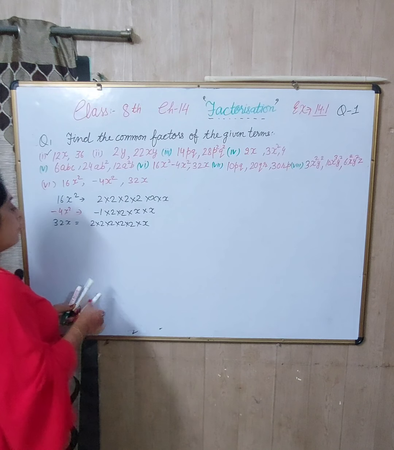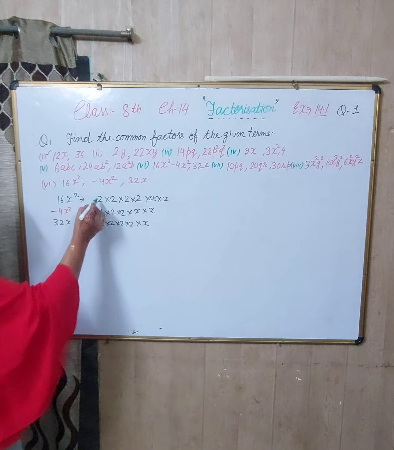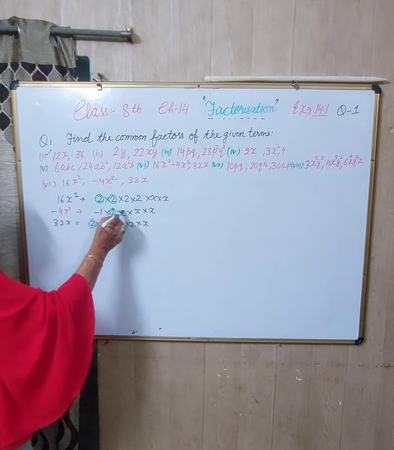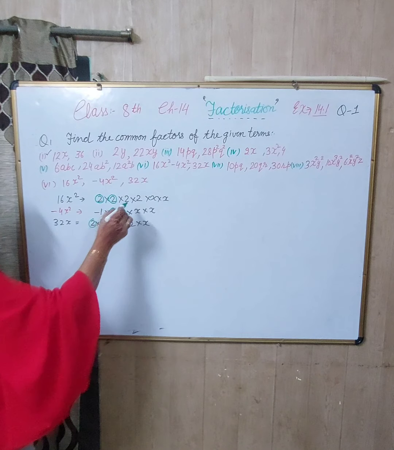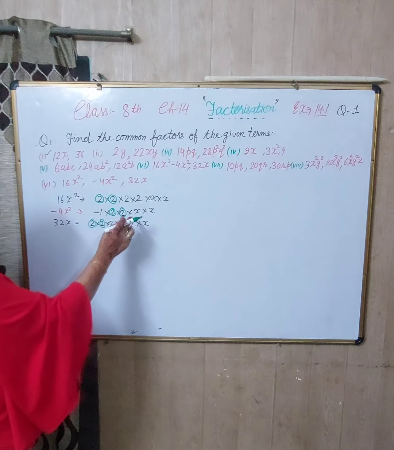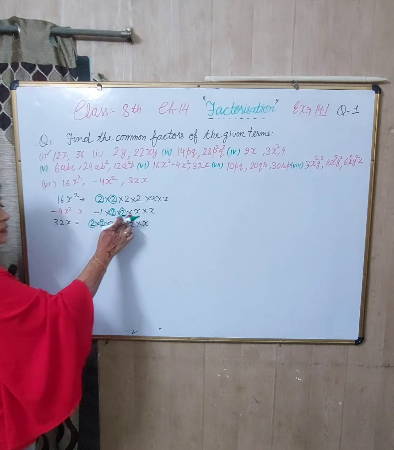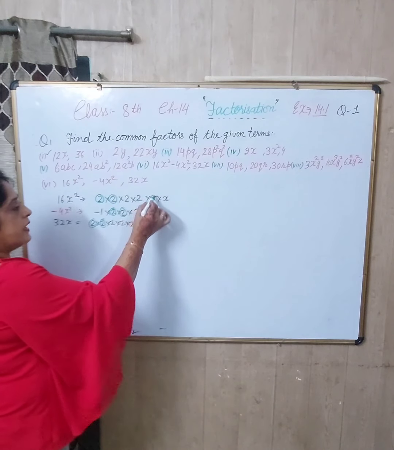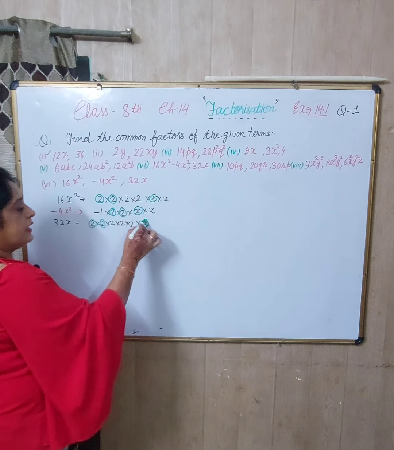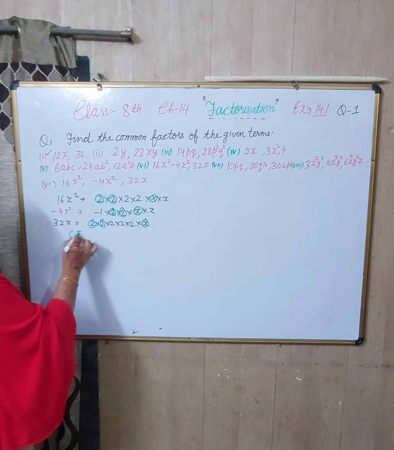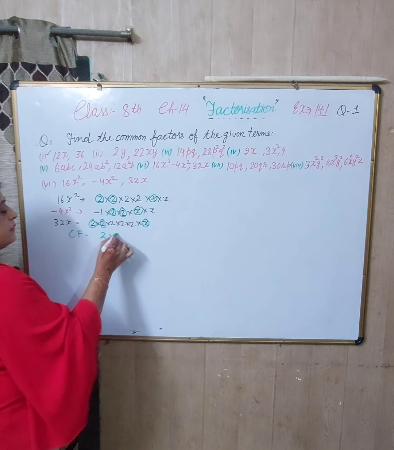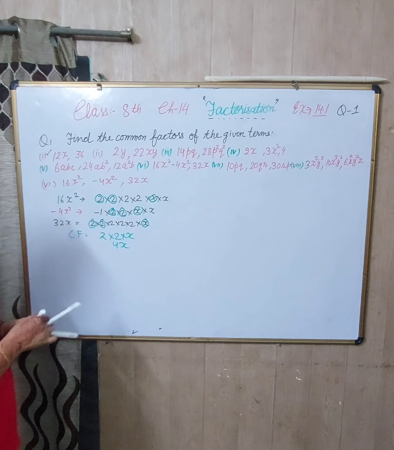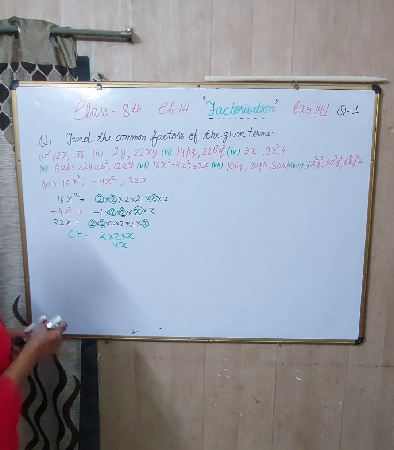Now you have to take common. These two and these two are common, 2 and 2 common, but in the middle term there is 2 that is not common, so you can't take a common 2. Now take x and x. The common factor is 2 multiply 2 multiply x, 4x. 4x is common.